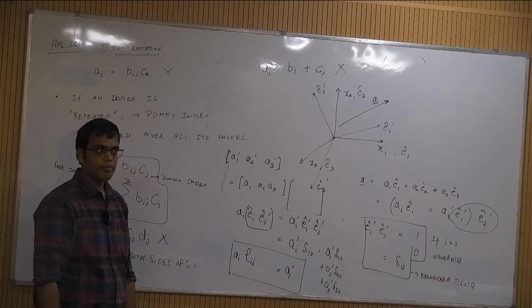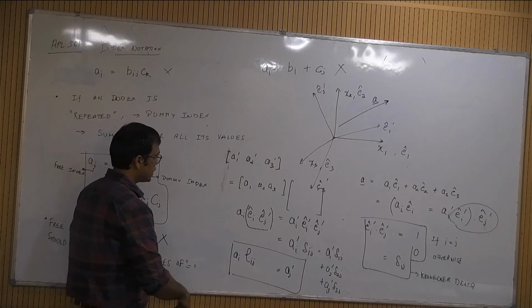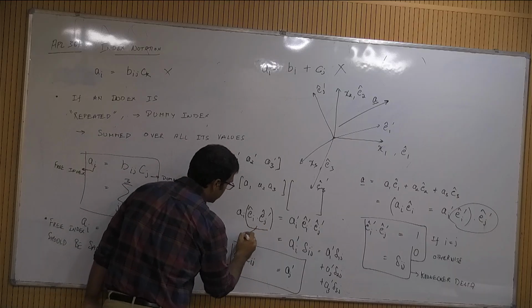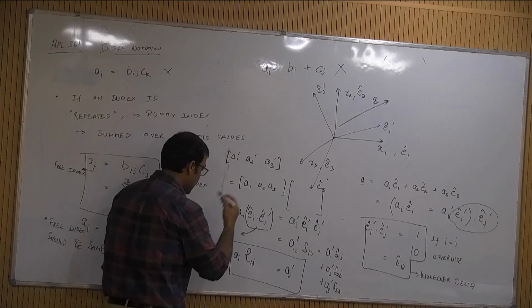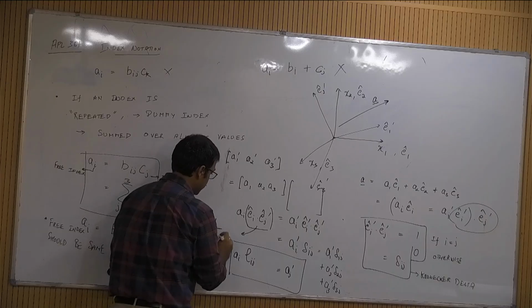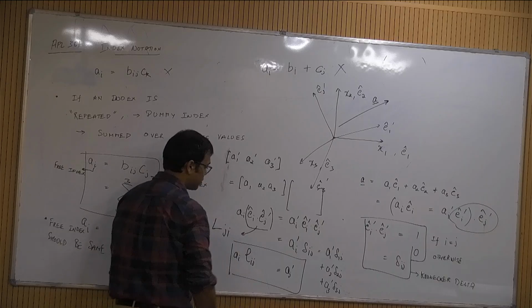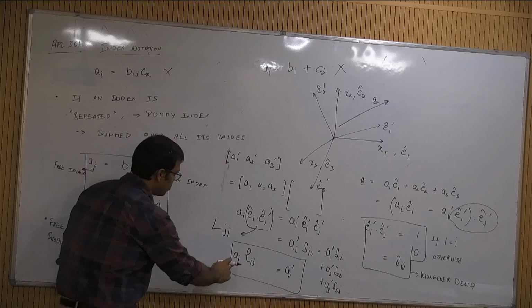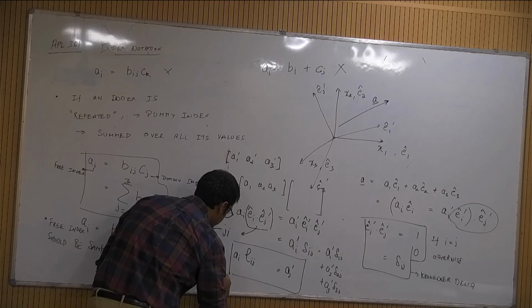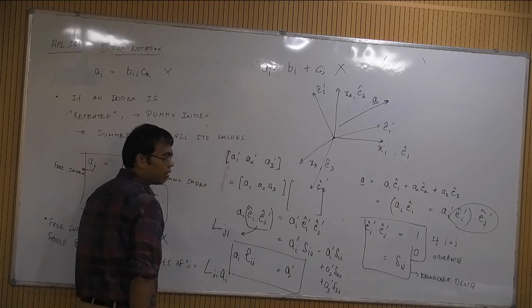Okay. Another way of looking at this is you define e hat i dot e hat j prime, instead of small l, as capital L ji, and then you write this expression as L ji A i.